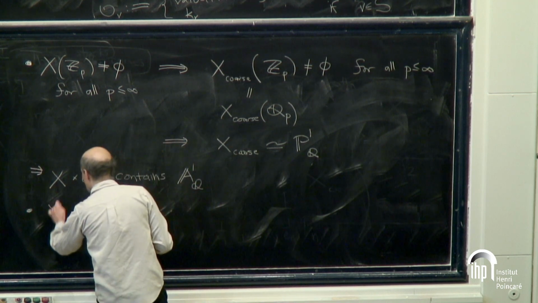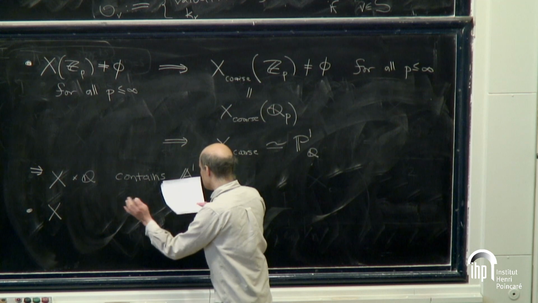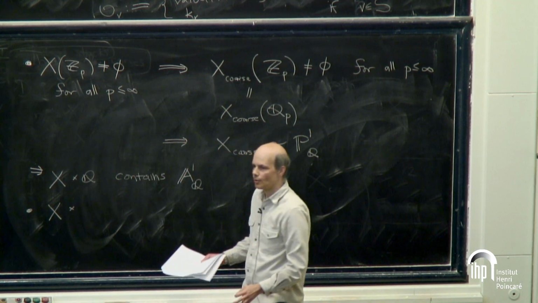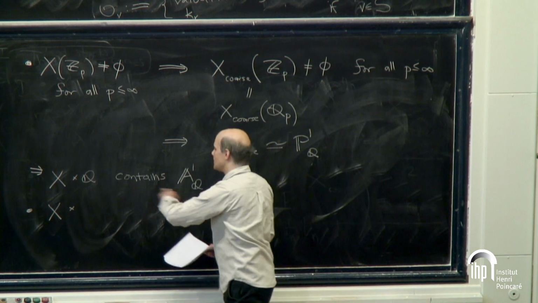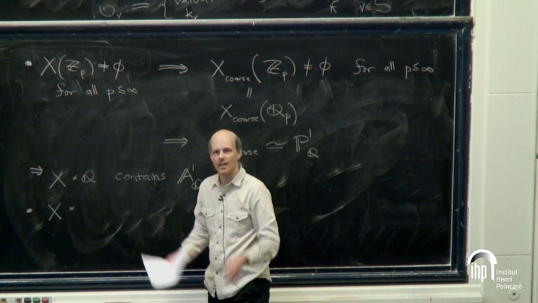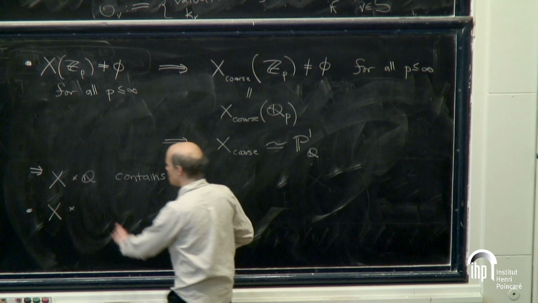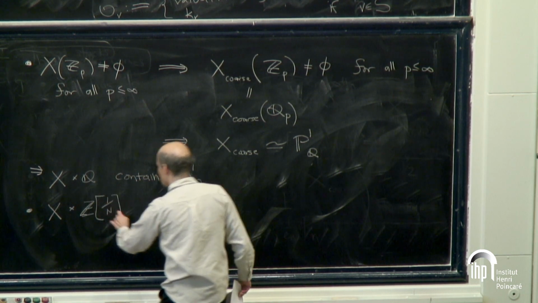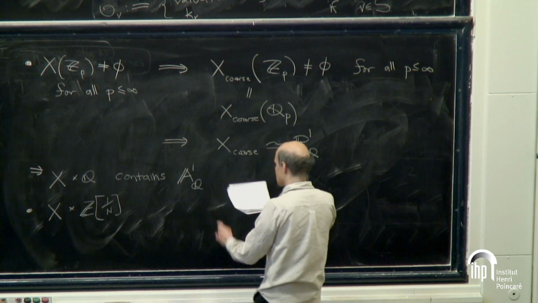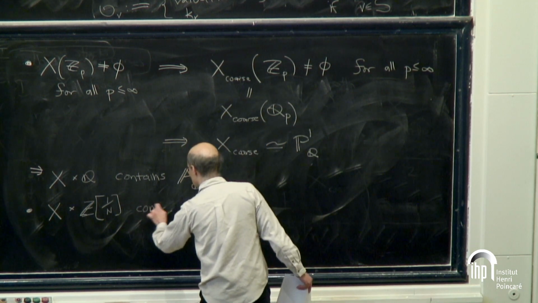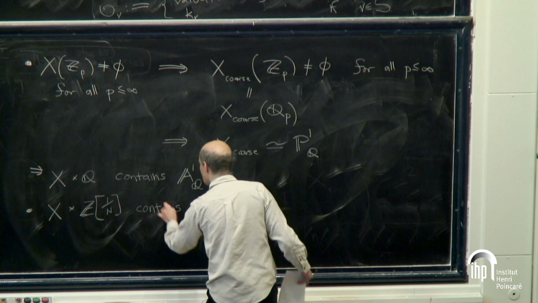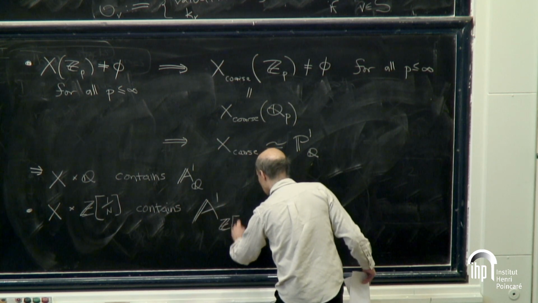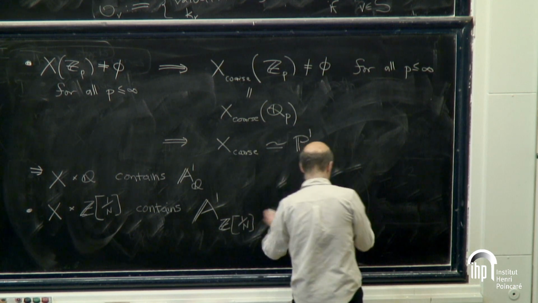And now, because everything is of finite presentation, in checking this condition, it only involves finitely many denominators. And so the same will hold over Z adjoin 1 over n for some n, if you exclude some bad fibers. So this will contain a copy of the scheme A1 over Z adjoin 1 over n for some n.